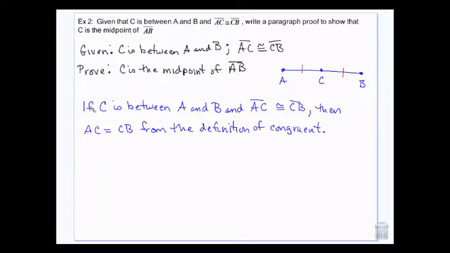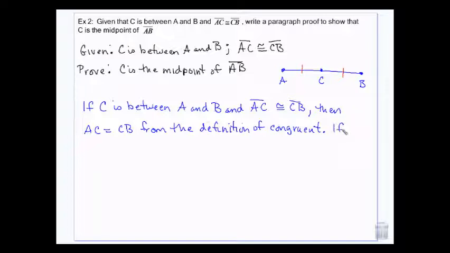Okay, so I'm saying that if these given things are true, so if AC and CB are congruent, then that means their measures are equal from the definition of congruent. So this is my statement. Here's my reason.